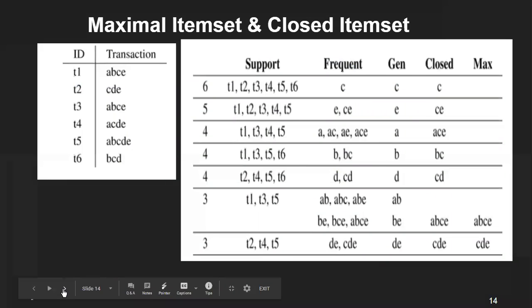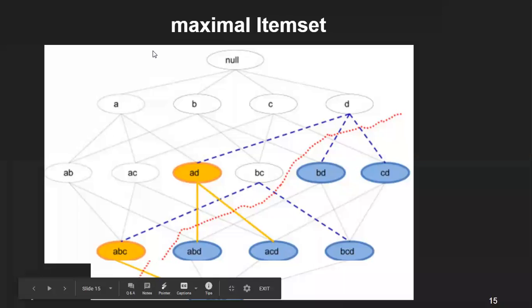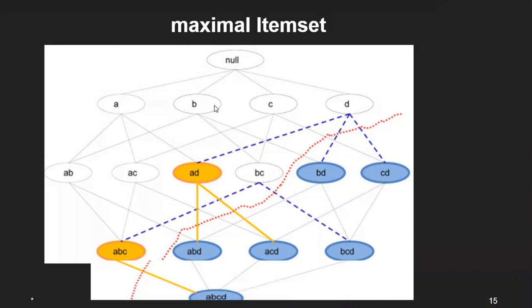Now we're more focused on the second example, the maximal frequent item set. Just see this diagram shown below. The first point is identification. We have to examine the frequent item sets that appear at the border between the infrequent and frequent item sets. The border is the dotted line.